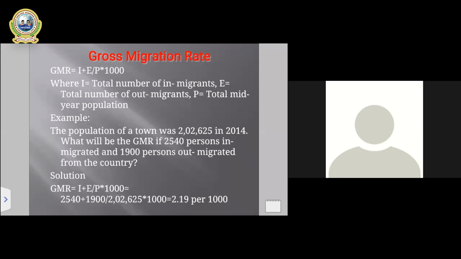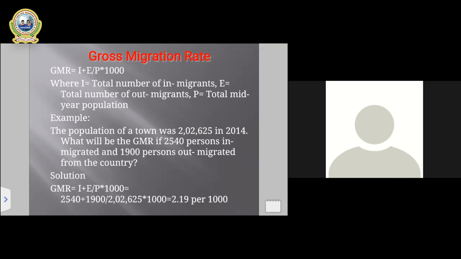Now, what will be the GMR, that means the gross migration rate, if 2,540 persons immigrated, that means immigrants, and 1,900 persons out migrated, that means out migrants from the country?